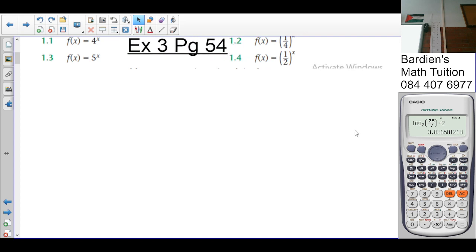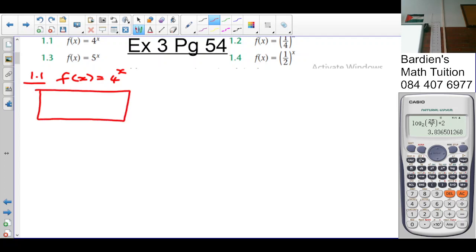Okay, let's go with 1.1. So you've got f of x equals 4 to the x. The points we're going to use: we've got x and y, minus 1, 0, and 1.